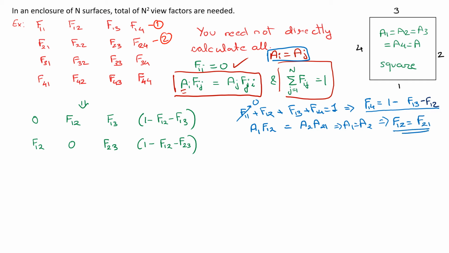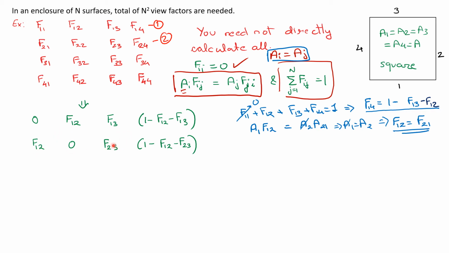I have used this relation after assuming A1 equals A2, so these areas will cancel out. So in the second set of view factors, I have used F12 instead of F21.